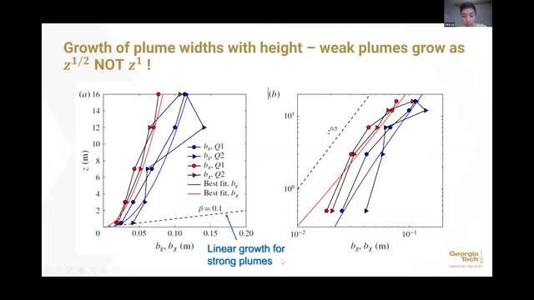And this is clearly different from a linear spread demanded by the entrainment hypothesis. That makes us think that maybe the entrainment hypothesis is not valid.